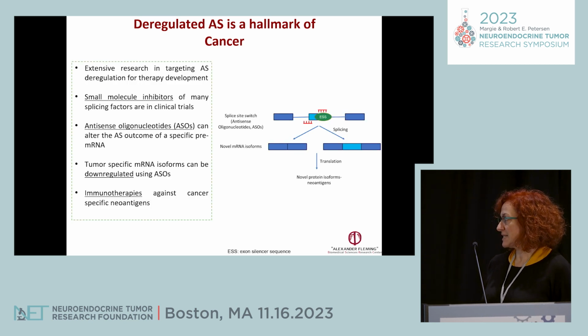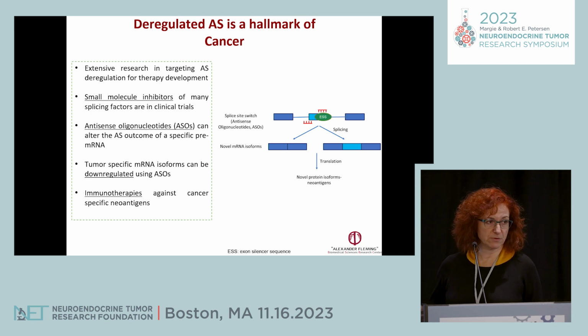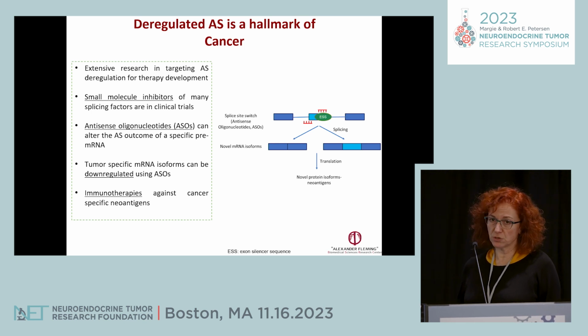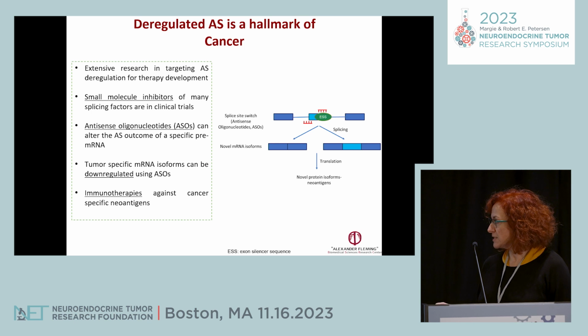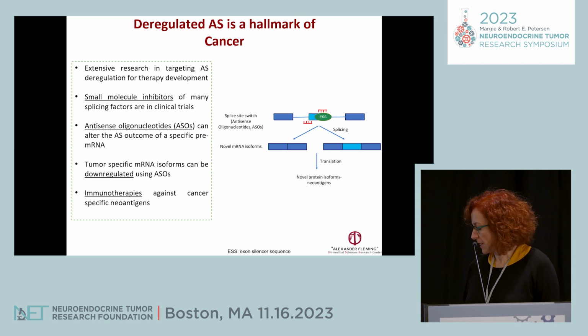So there has been extensive research in targeting alternative splicing deregulation in disease for therapy development and in cancers. Some approaches, I'm just going to mention a couple, are the generation of small molecule inhibitors of splicing factors, many of which are in clinical trials. But also there is this elegant way of using antisense oligonucleotides, not only to downregulate splicing factors, but also to change the outcome of the splicing of a certain pre-mRNA specifically.